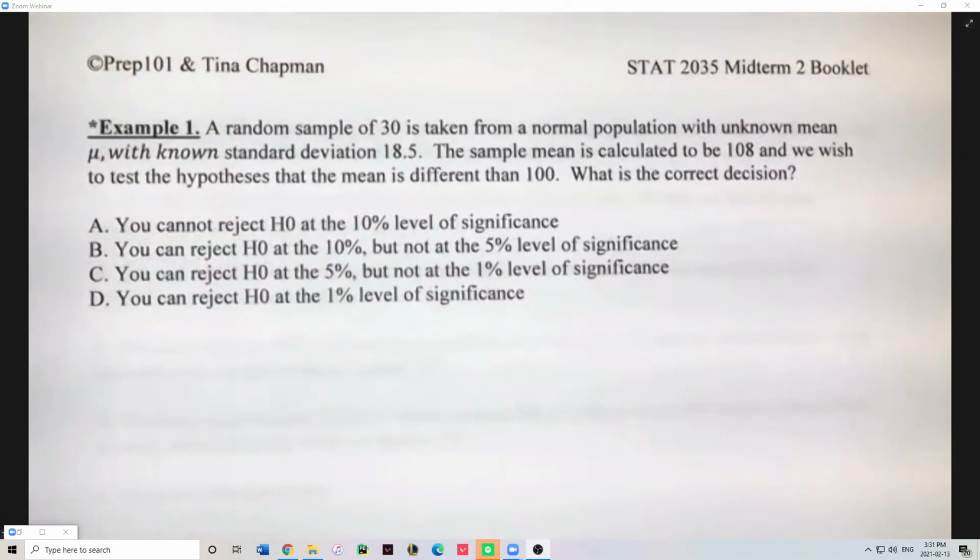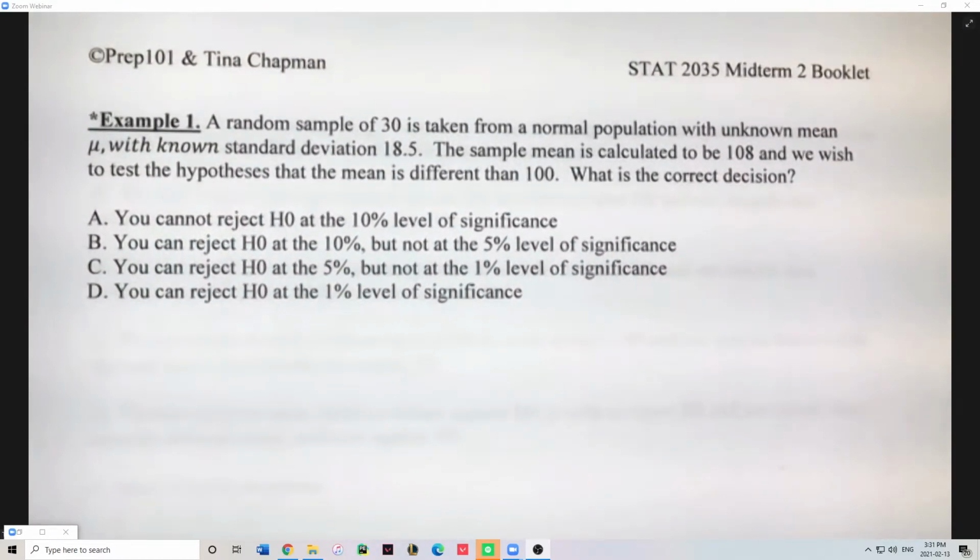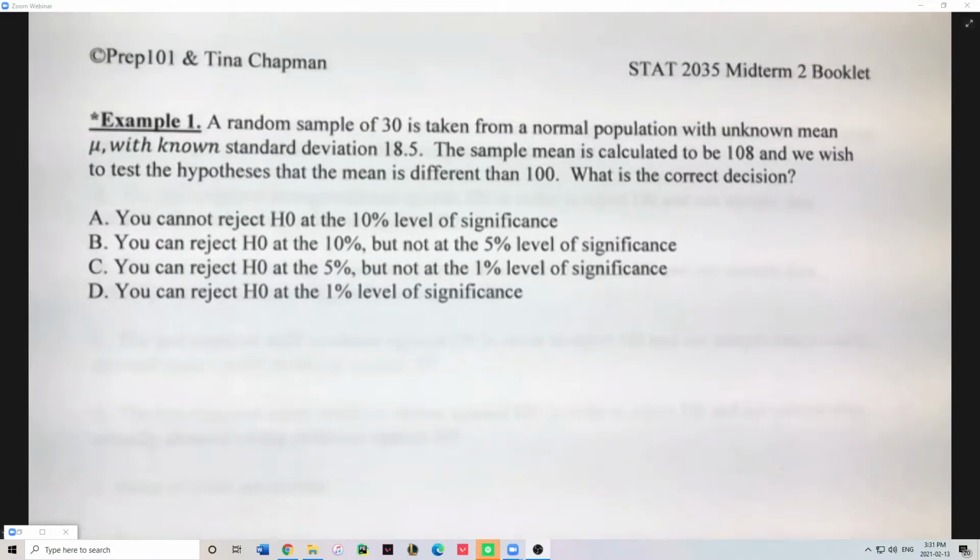Okay. So a random sample of 30 is taken from a normal population with unknown mean mu with known standard deviation 18.5. The sample mean is calculated to be 108, and we wish to test the hypothesis that the mean is different than 100. Okay, so mean is different than 100.